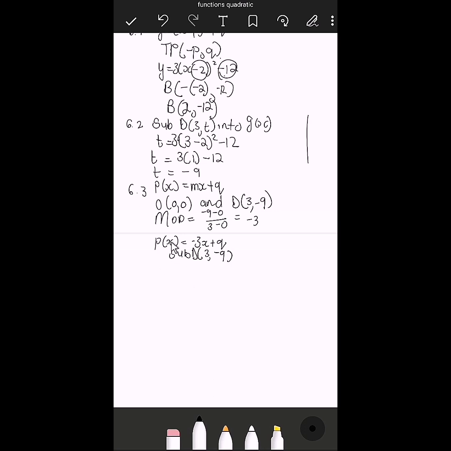That means in place of p(x), we're going to have −9 = −3(3) + q. If you bring this minus 9 over the equal sign, you're going to have −9 + 9, which means q is equal to 0. That means our p(x) is −3x and there is no q.